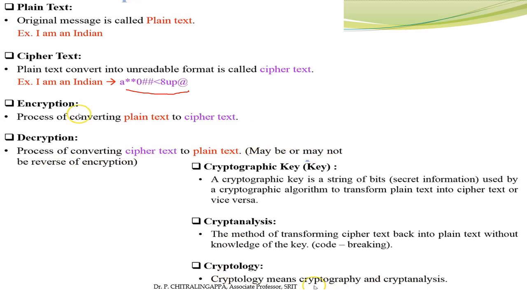Encryption is the process of converting plain text into ciphertext. Decryption is the reverse process, where ciphertext is converted to plain text. A cryptography key is a string of bits used by the cryptographic algorithm to transform plain text into ciphertext and vice versa.